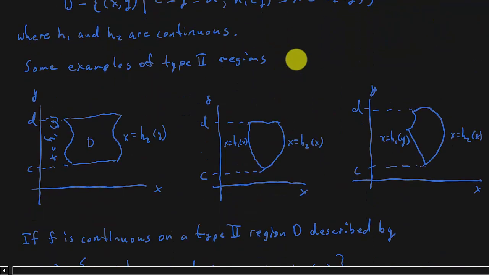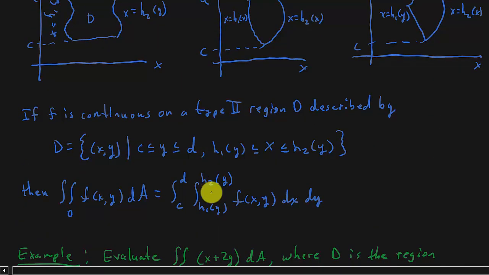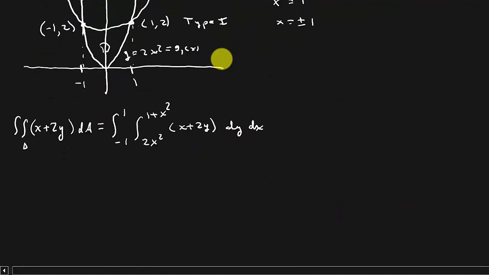And look down here, when our bounds were in terms of y, we integrated with respect to x first. Okay. All right, so let's see what we get. So we're going to get -1 to 1, and we're integrating with respect to y first, so that's xy plus y squared.